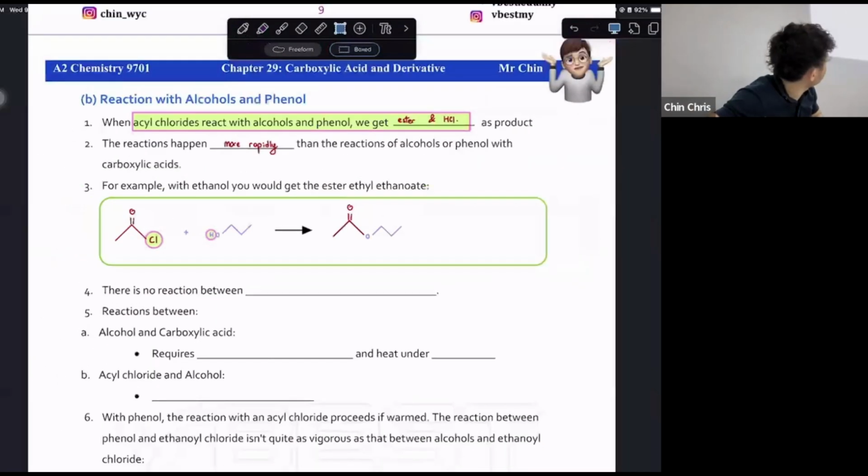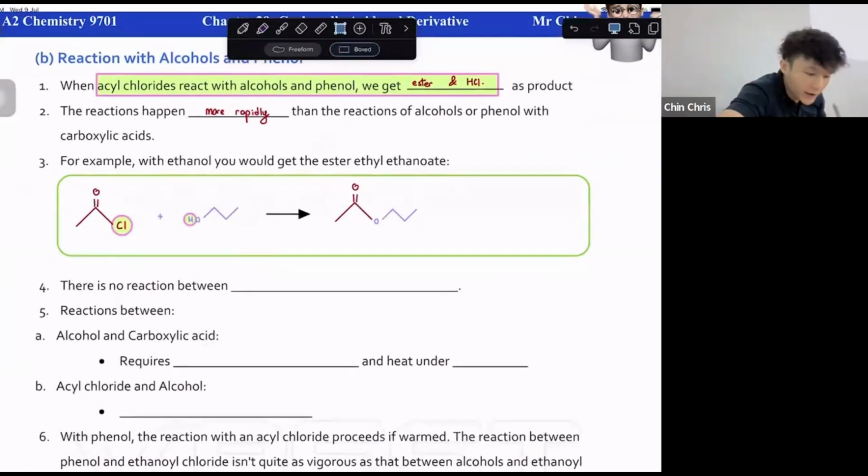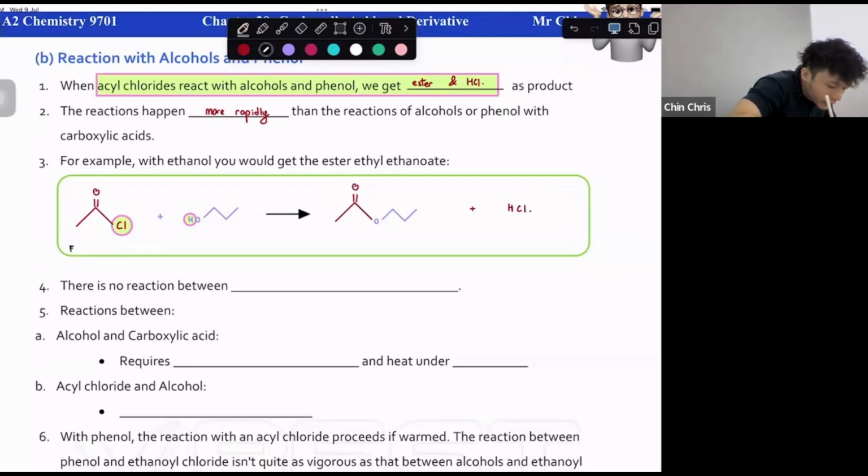So you get an ester, and an HCl molecule is formed here. This we call ethanoyl chloride because of 2 carbons. This one, 1, 2, 3, propan-1-ol. So what it turns into, guys, name your ester. How to name your ester? That's -oate.